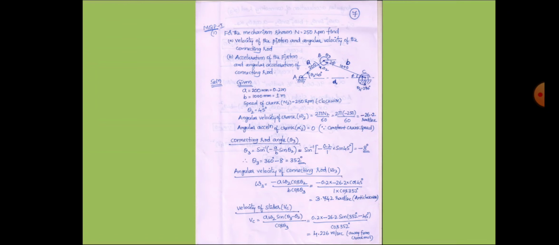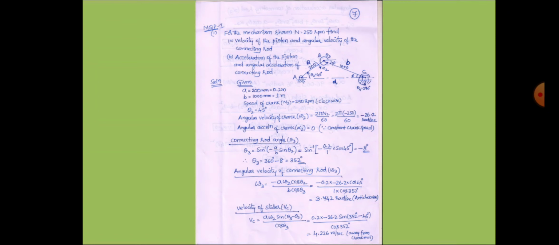After telling only 5 formulas, what are they? Theta 3, connecting rod angle; Vc, velocity of the slider; omega 3, angular velocity of connecting rod; AC, acceleration of piston or slider; and fifth, angular acceleration of connecting rod, alpha 3.